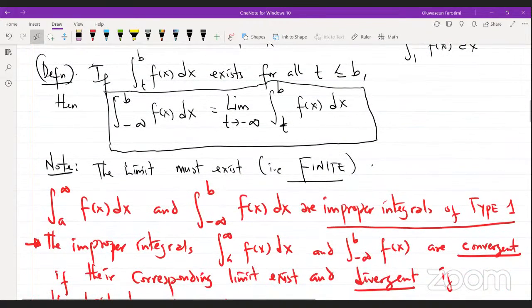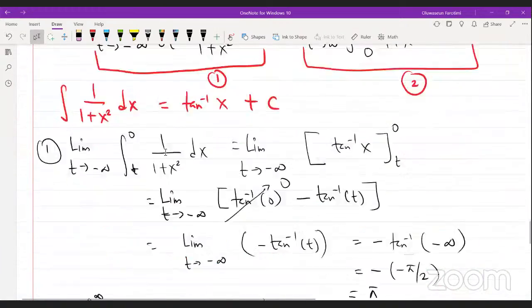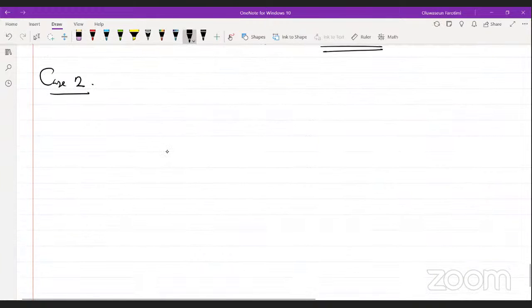Just talk about infinite intervals, right? So case 2 now, we're actually going to discuss functions with discontinuities.